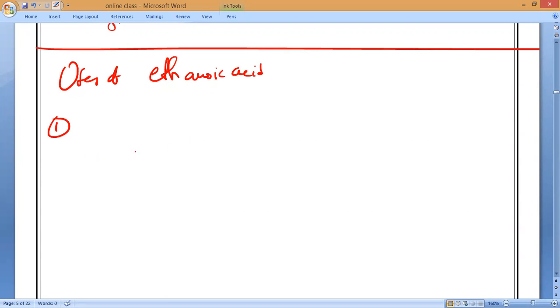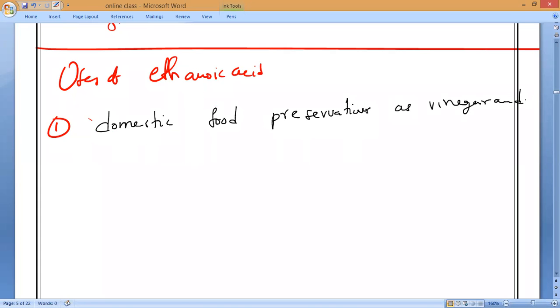That starts with the house only. Domestic food preservatives, as vinegar, and dressing of salads, we are using this one.